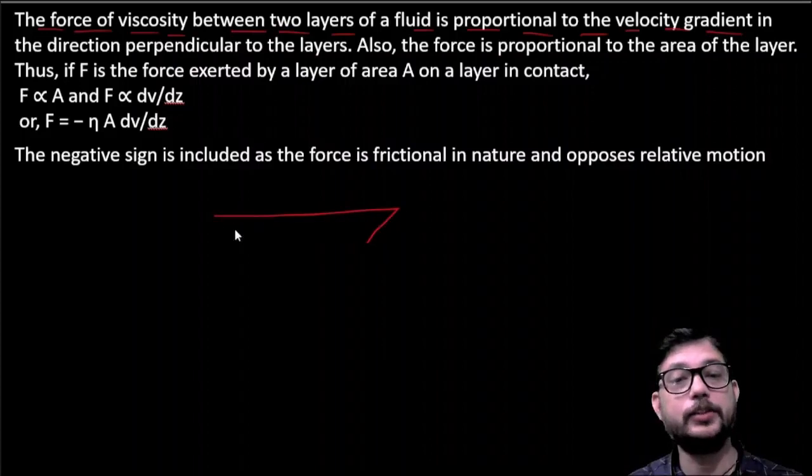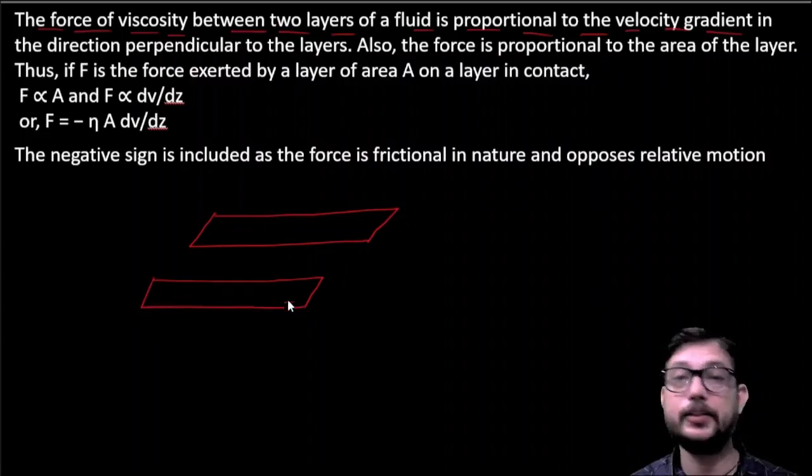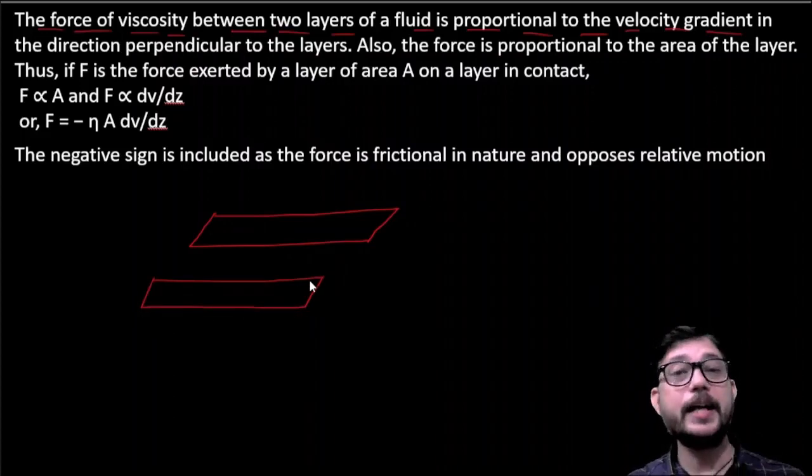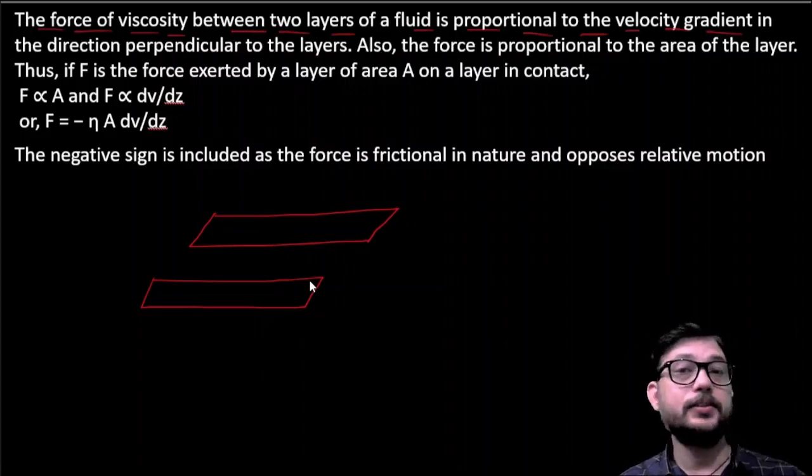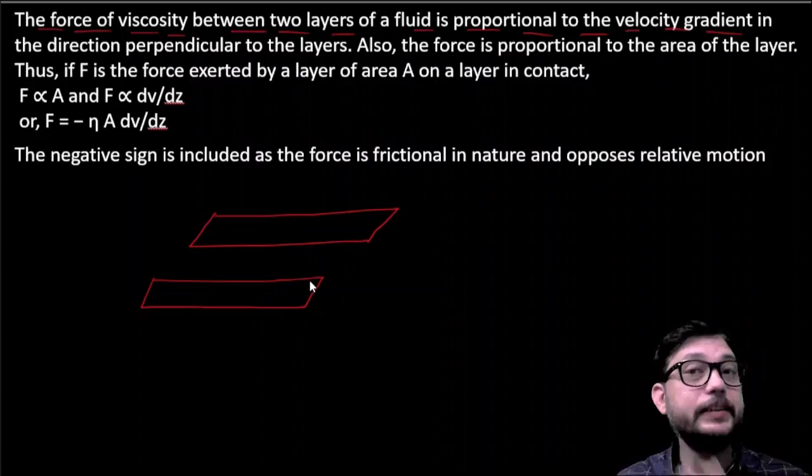Let's suppose this is your first or upper layer of the fluid, and below it there is another layer of the same fluid, in this way. These two are the layers, and the view is microscopic. It means we have zoomed it a thousand times for you, so that you can easily understand.